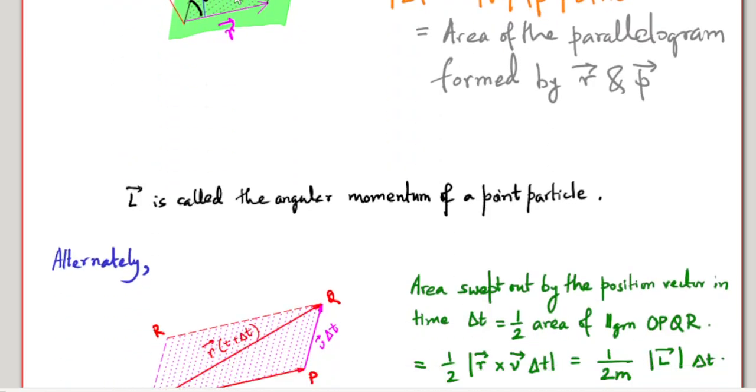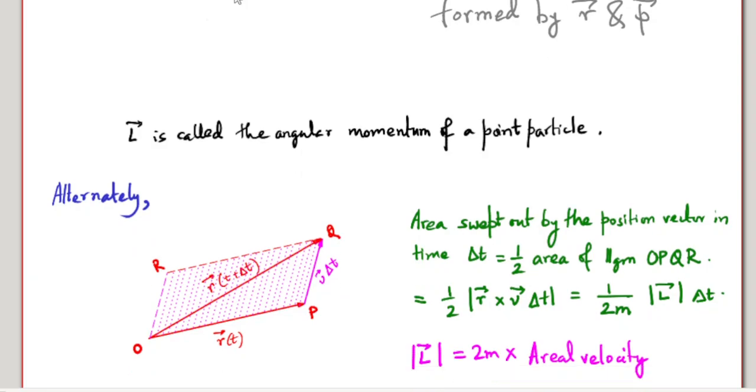Now, alternatively, there is another geometrical interpretation we can give to L, and for that we have to look at two successive positions of the particle in question. O here is the origin, P is the position of the particle at time t, and Q is its position a small amount of time delta t later.